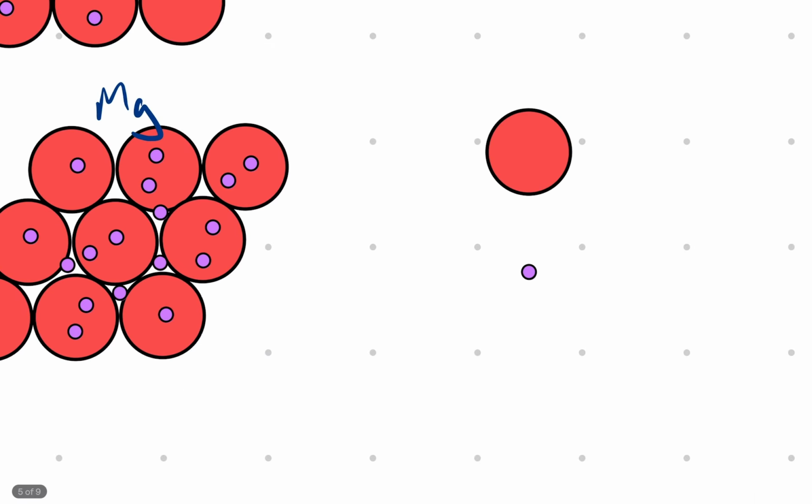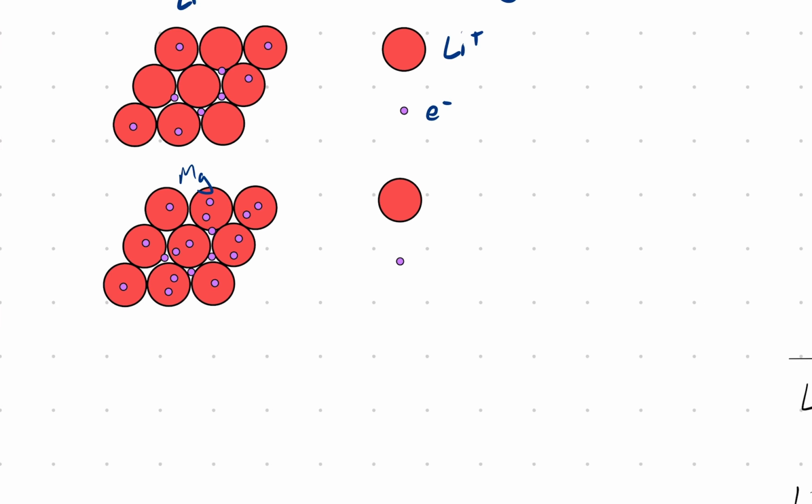So what we're left with this time is an Mg2+ ion, because it's lost 2 electrons, and we've got these electrons flowing through it. You'll notice we haven't got 1 electron per ion free; now we've got 2 electrons per ion free.